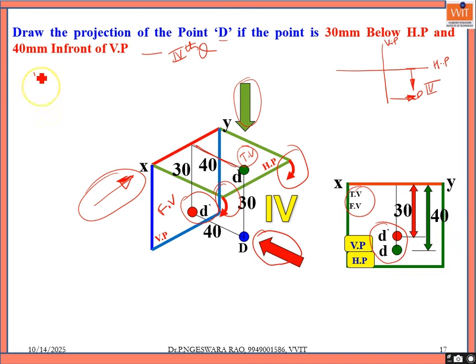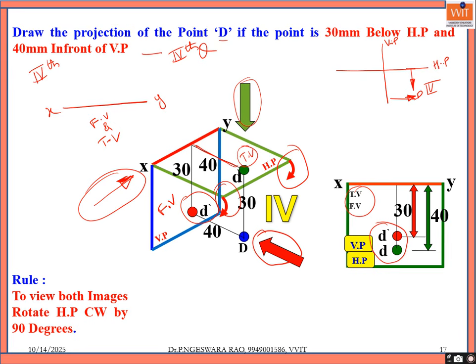So that means in the case of fourth quadrant, if this is the XY line, after rotation, both front view as well as the top view, we need to draw below the XY line. This is what we have to remember. So both will be below the XY line in the case of fourth quadrant.